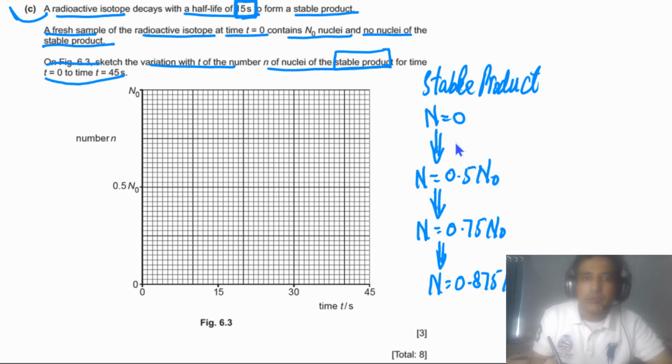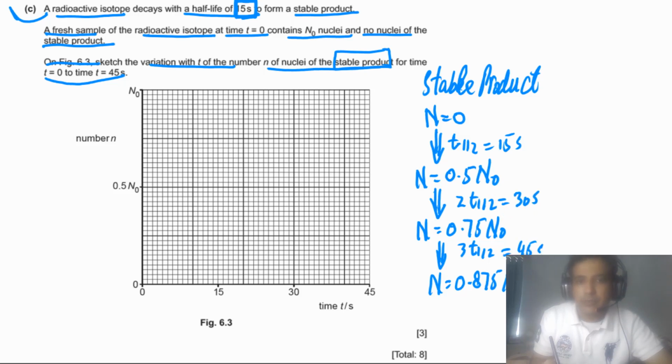So this is after one half-life, this is after 2 half-lives, and this is after 3 half-lives. So this is after 15 seconds, this one after 30 seconds, and this after 45 seconds.